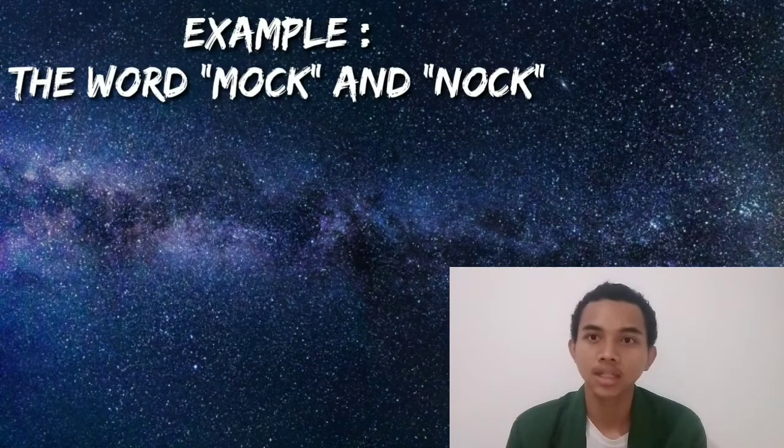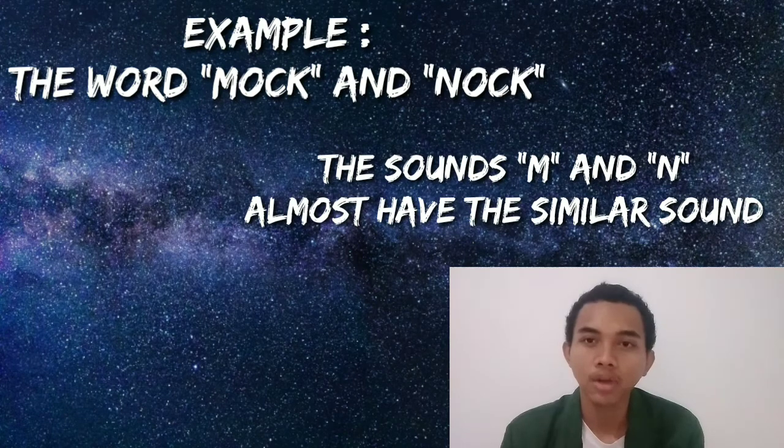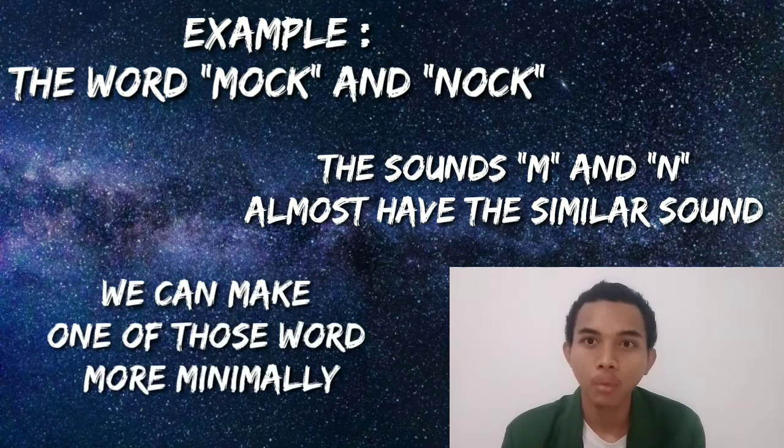For example, in the words mock and knock, the sounds M and N are almost similar. So we can make one of those words minimally different. We can make N more minimal than M.